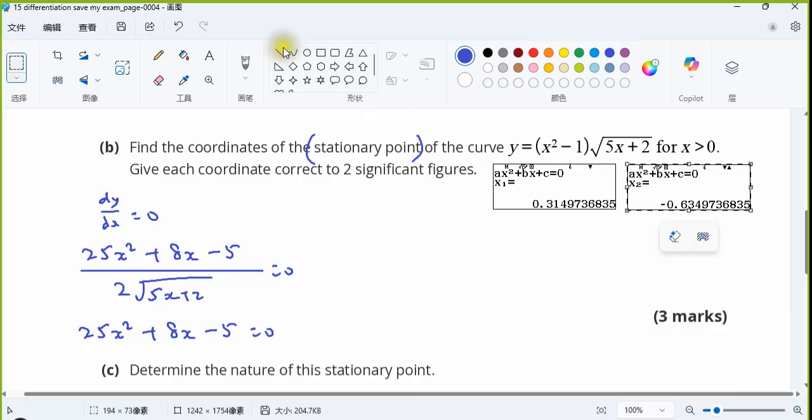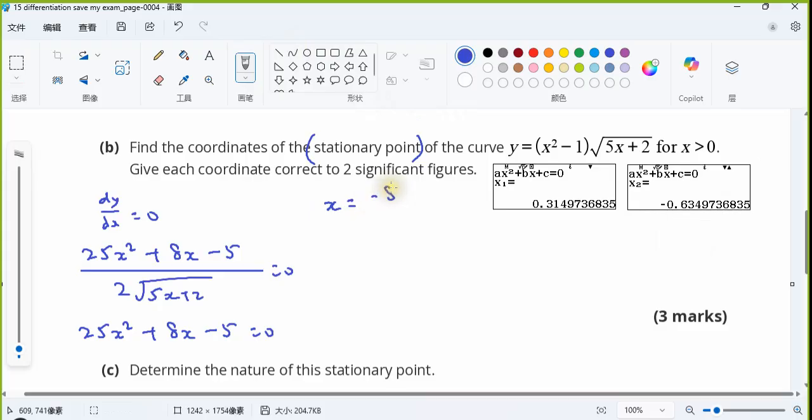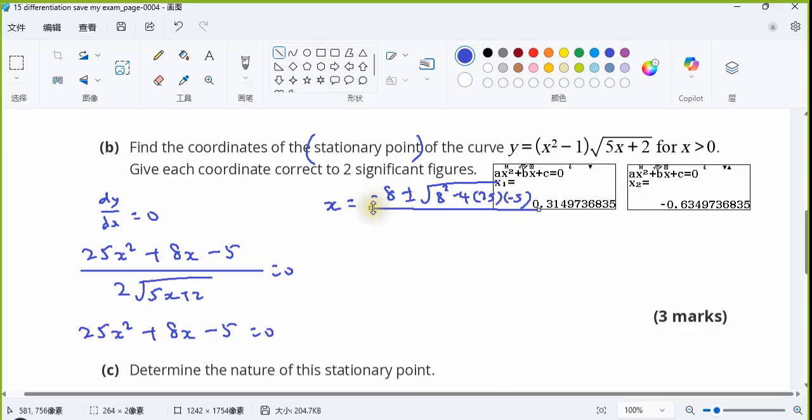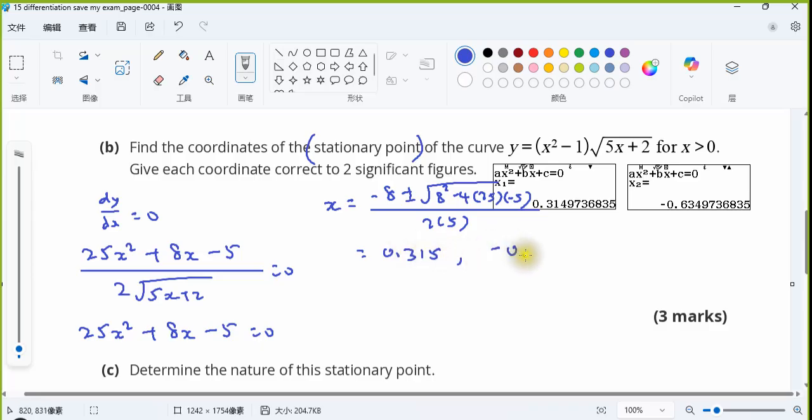So for x, we use the formula negative 8 plus minus square root of b squared minus 4ac, divided by 2a. So divide by 2 times 25. So 0.315 and negative 0.635.